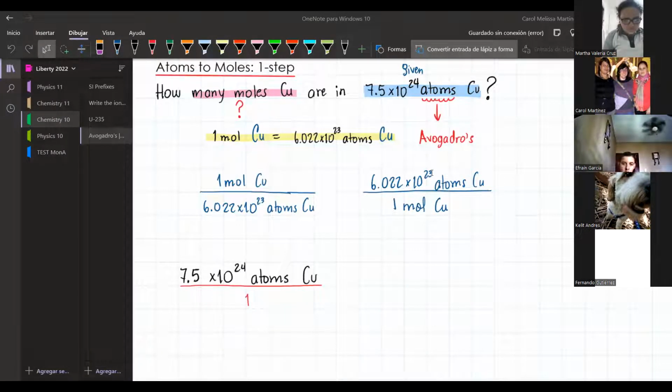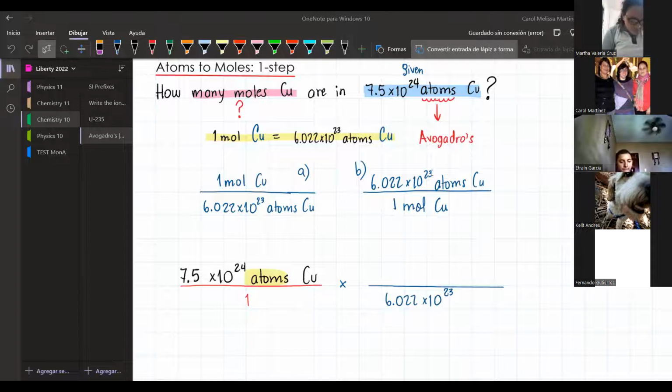Take a look: atoms are written in the upper part of the fraction, so I need to use a conversion factor where my atoms are going to be in the bottom. Which one am I going to use, A or B? A. So we say 6.022 times 10 to the 23rd power atoms of copper are in 1 mole of copper. Don't be lazy, write all the units. Now you get rid of atoms with atoms and copper with copper.